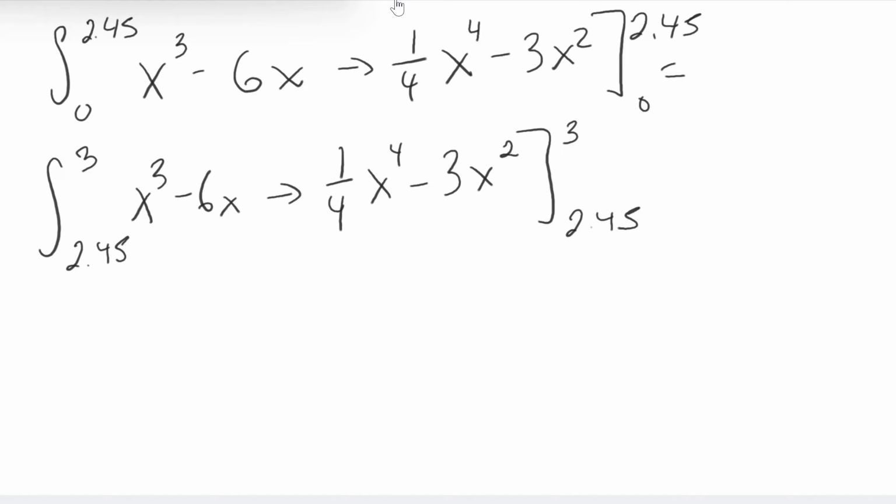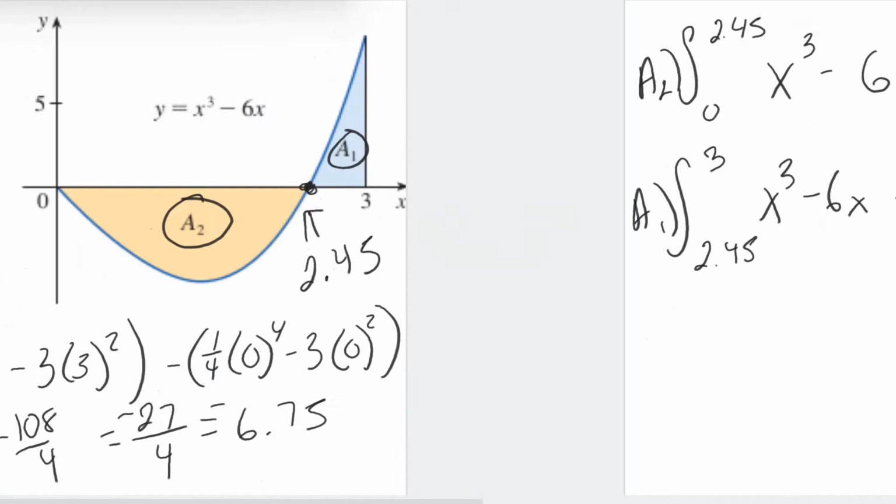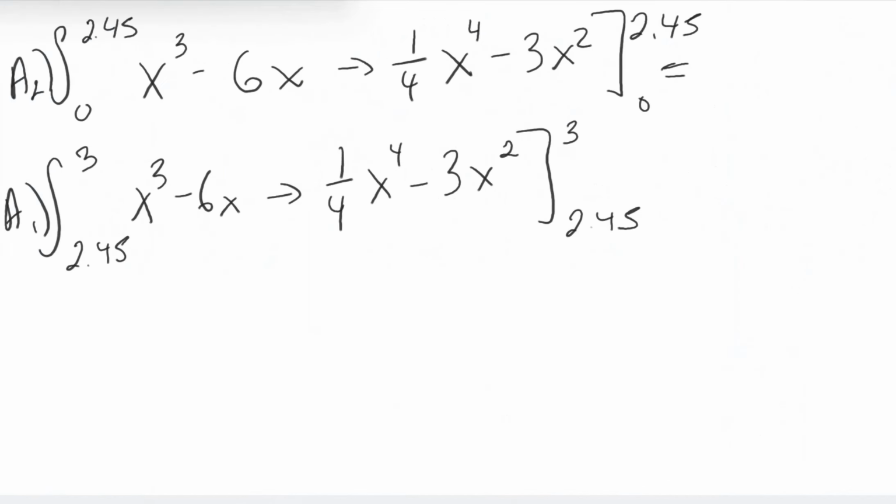If I plug in 2.45 to this, what do I get? I think that was A2. That was A1. Yeah, they actually did it that way, which is fine.